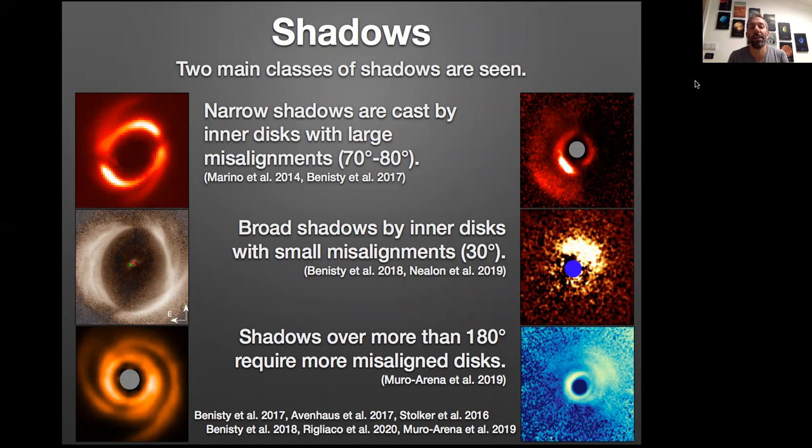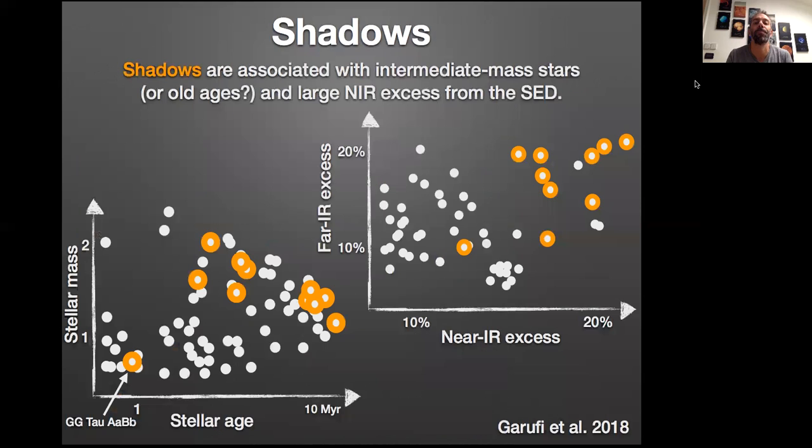And at the moment, we believe that when we have narrow shadows, the inner disk is misaligned by 70, 80 degrees, so significantly misaligned, whereas in the cases of a larger area of shadowing, these are associated with smaller misalignments, around 20 or 30 degrees. And in some cases, we even need more regions diversely misaligned in order to explain our observations.